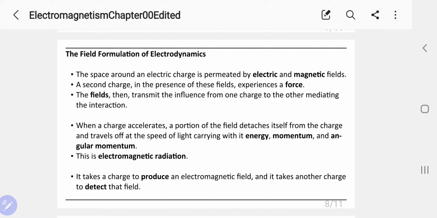The fields then transmit the influence from one charge to another, and this is through a mediating particle. These mediating particles are actually photons. So the fields are mediating the interaction between two charges.